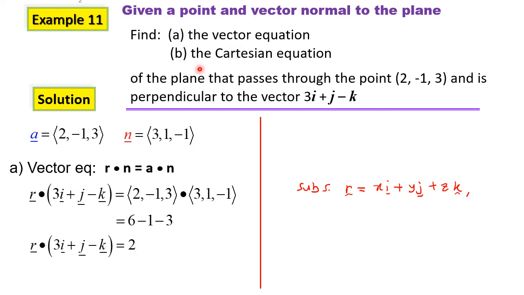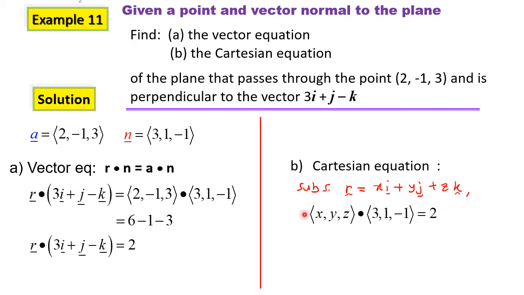Next, the question asks to also find the Cartesian equation. So we will substitute r here with xi plus yj plus zk, to find the Cartesian equation. So we substitute here, and we also replace the bracket because we want to do the dot product.